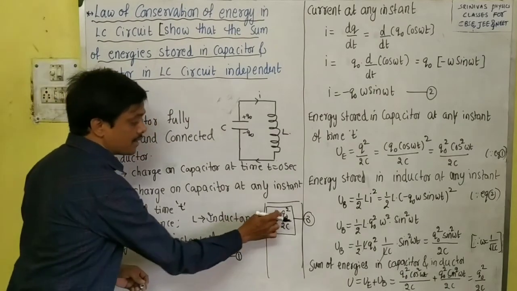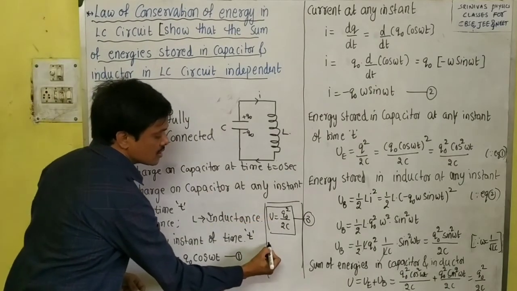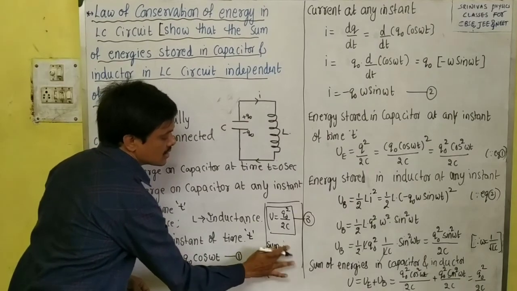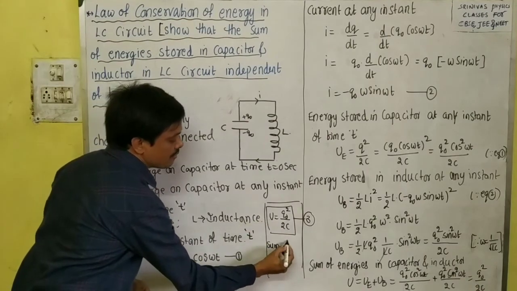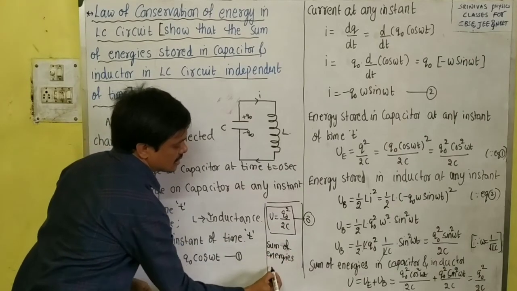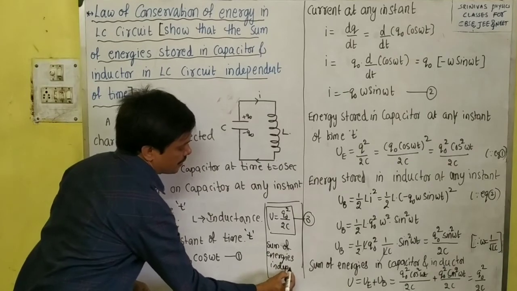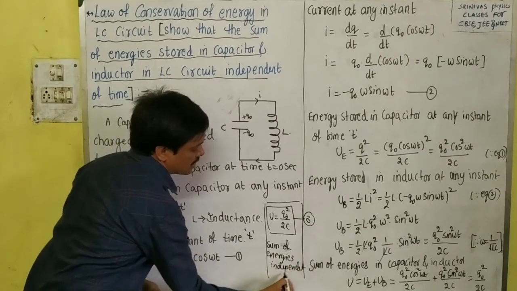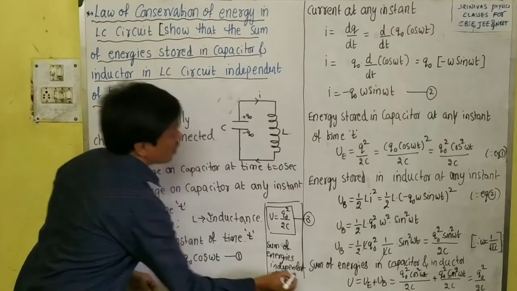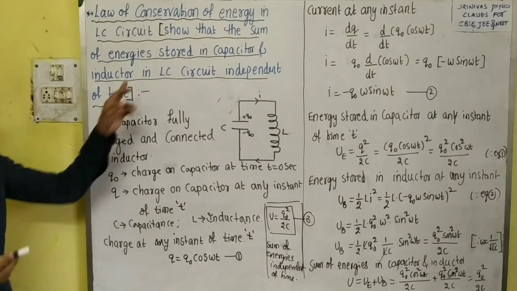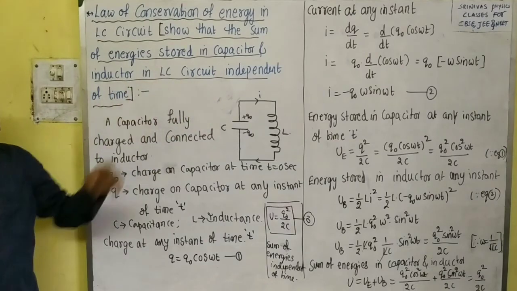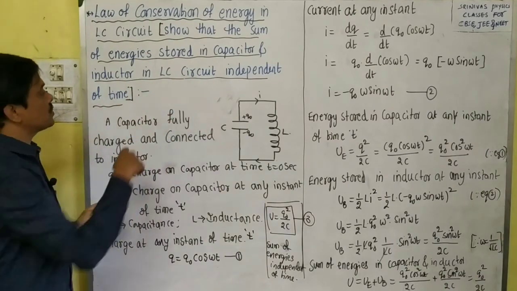Total energy is independent of time. The sum of energies is independent of time, right? Whatever we wanted to prove, we proved. We wanted to prove that the sum of energy stored in the capacitor and inductor in LC oscillations, or in the LC circuit, is independent of time.